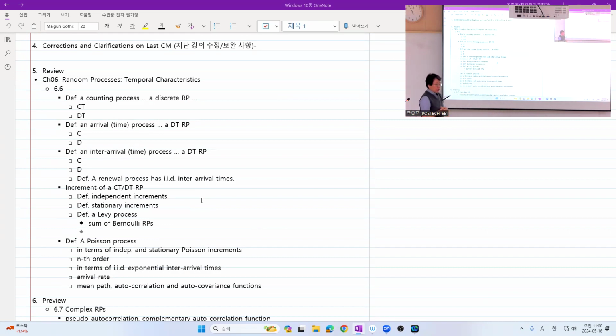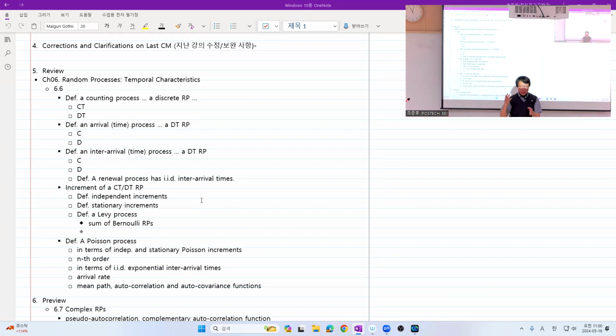And interestingly, after we define a counting process, we could derive two related random processes. Both are discrete time random processes. However, if the original counting process was a continuous time counting process, then the arrival time process, not arrival process, arrival time. So let me just say counting process and arrival time process.